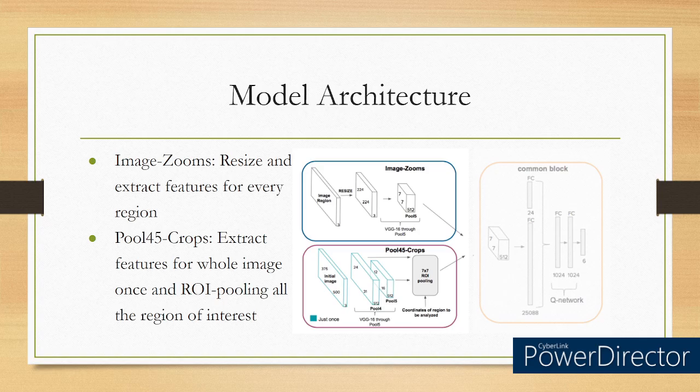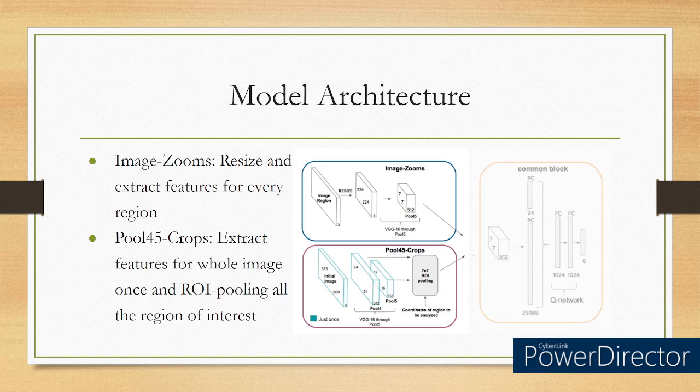The second model processes the entire image at once through VGG16 to extract feature maps, then applies ROI pooling to each region of interest. While this approach reduces computational load, ROI pooling lowers the resolution of the feature map.